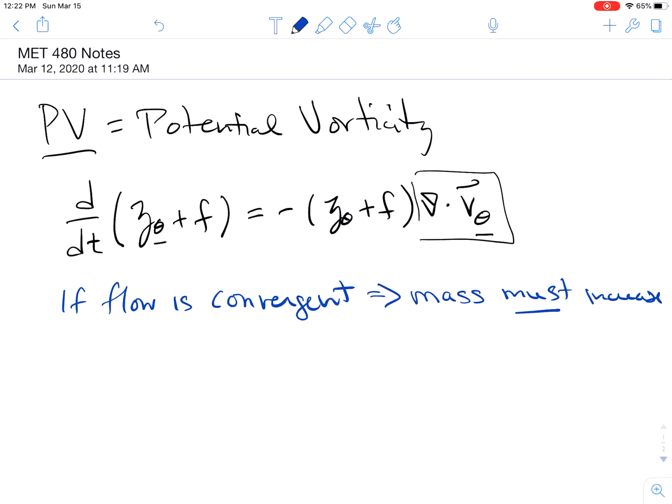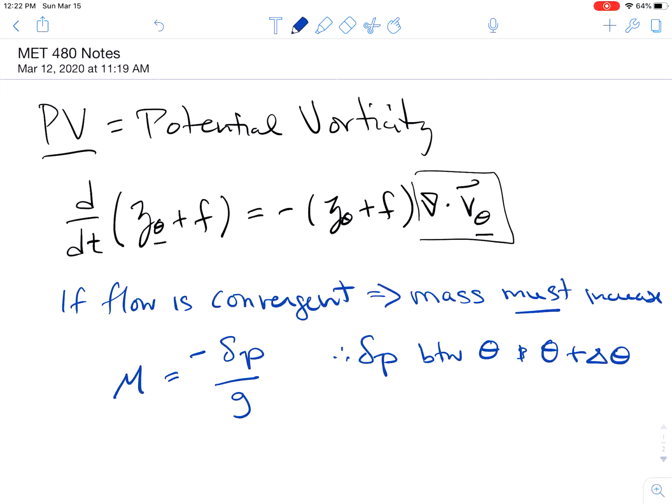So how can we write this mathematically? Well, we need to go back to thermodynamics for some help and say that the mass of our air column, m, is directly related to the depth of the column by minus the change in pressure over gravity, g. And here, this delta p is a measure of the pressure interval between, say, our theta and our theta plus delta theta surface.